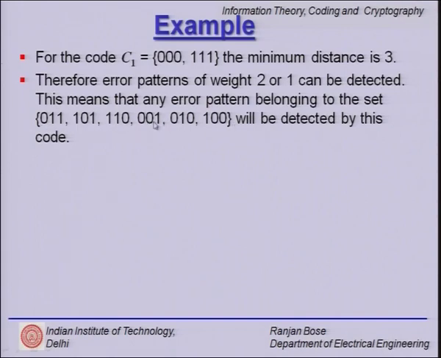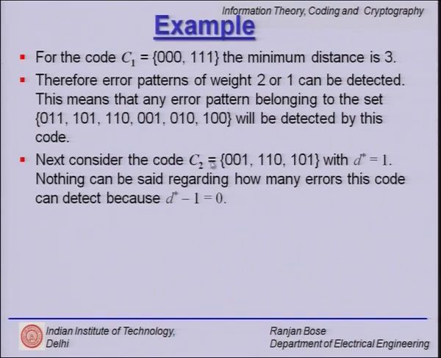That is to say, if I transmit 0 0 0 and either 1 or 2 errors happen, I can always say, look, I did not receive 0 0 0 or 1 1 1, so my flag goes up and some error has happened. But if 3 errors occur, d star is equal to 3, then 0 0 0 becomes 1 1 1. I really do not know whether to be happy or sad, because 1 1 1 is a valid code word.